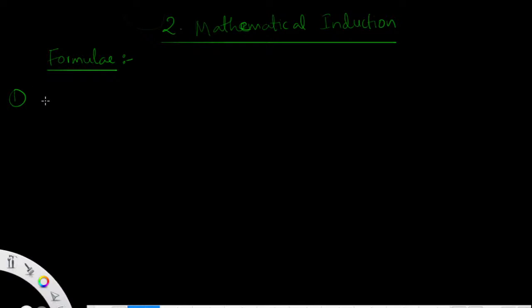Natural number set. Natural numbers are denoted by capital N. So starting with countable numbers, all natural numbers form the set 1, 2, 3, and so on up to infinity.